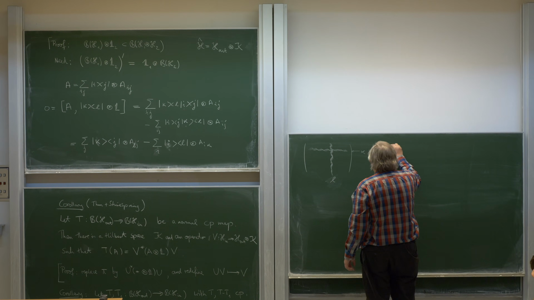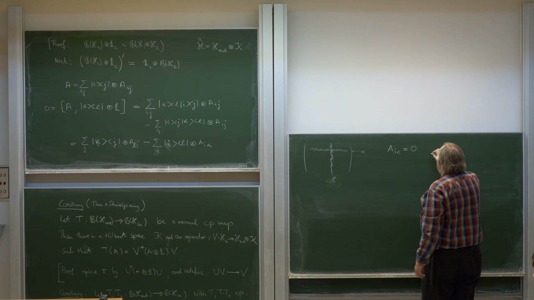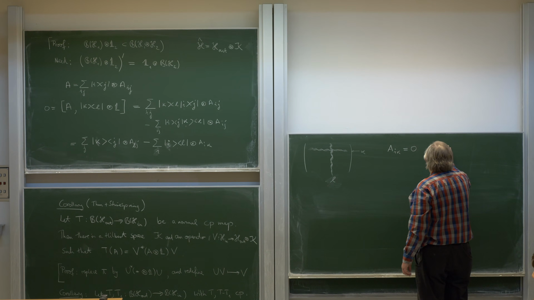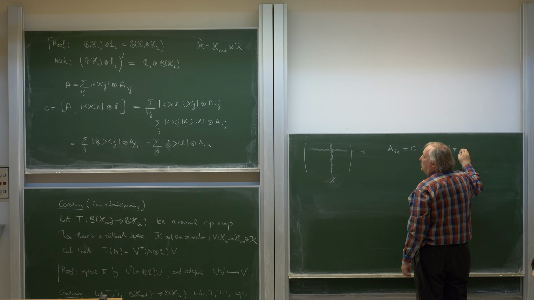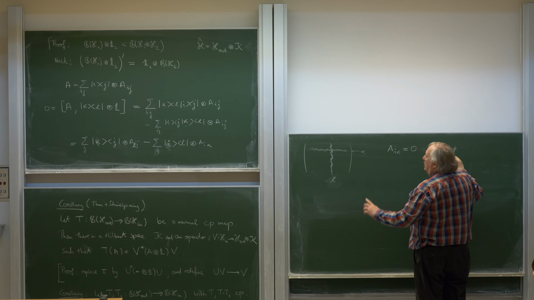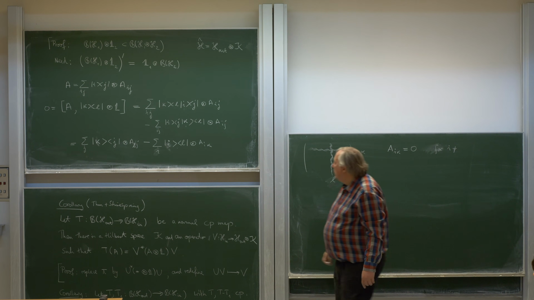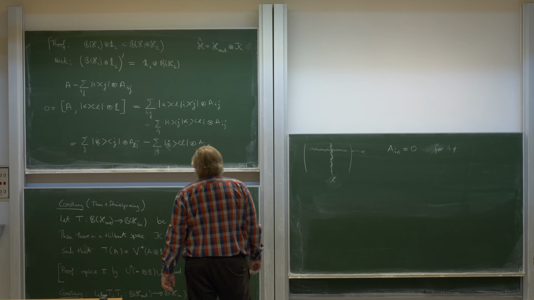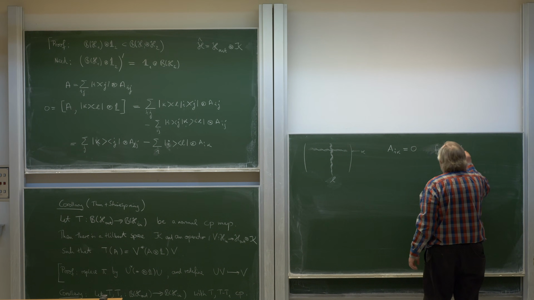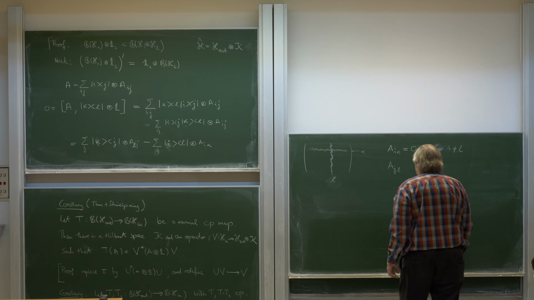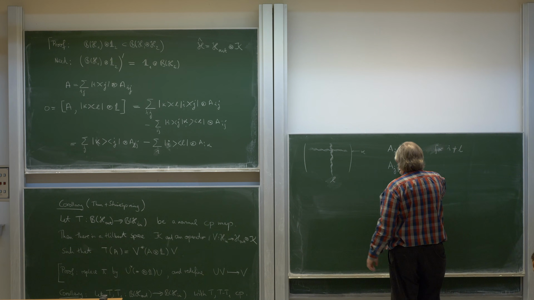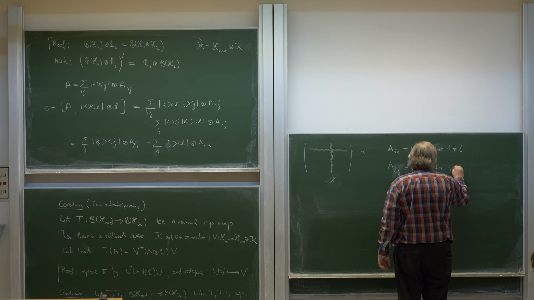So we conclude that A I K is 0 for I not equal to the other guy, which is L, and A L J is 0 or J not equal to K.